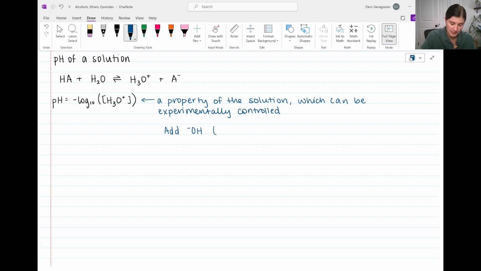So if you're adding a base like OH minus, that could be in the form of sodium hydroxide, you'll raise the pH. So the solution becomes more basic.